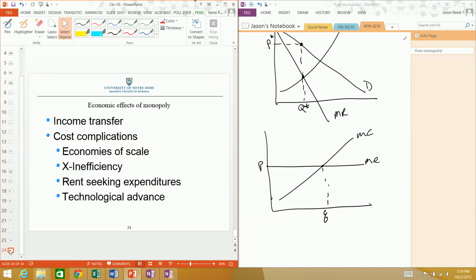So lastly, we want to talk about some of the other effects that a monopoly might have. And we know right away that there's some sort of income distribution or income transfer that occurs. So income distribution is more unequal than it would be under a more competitive situation. The effect of the monopoly power essentially is to transfer income from the consumer to the business owner.